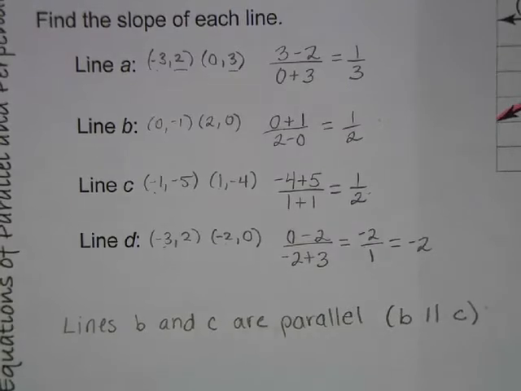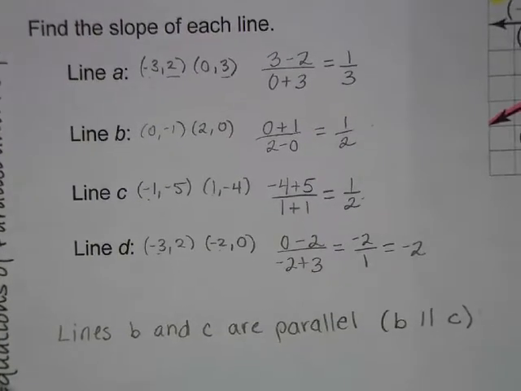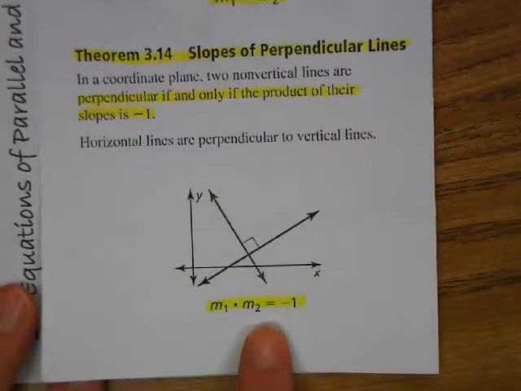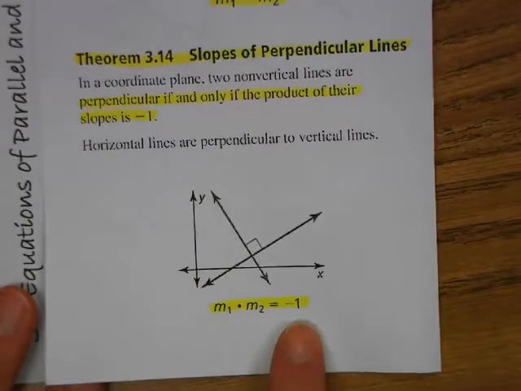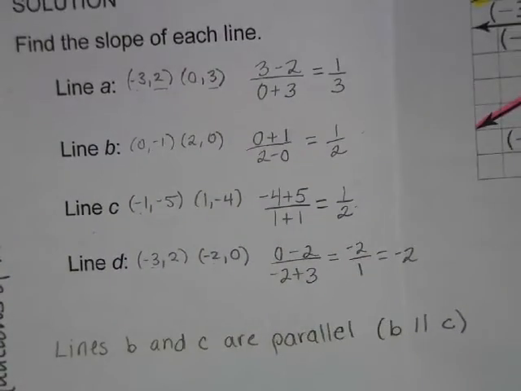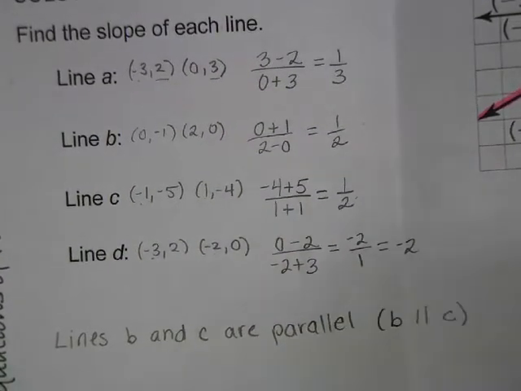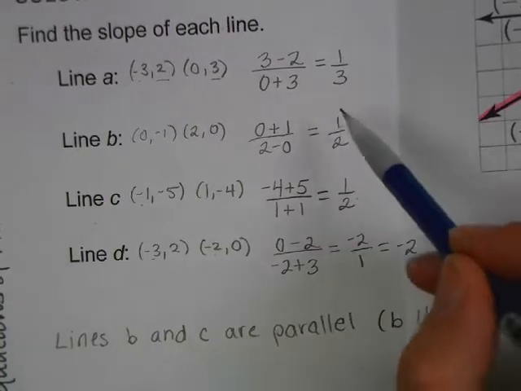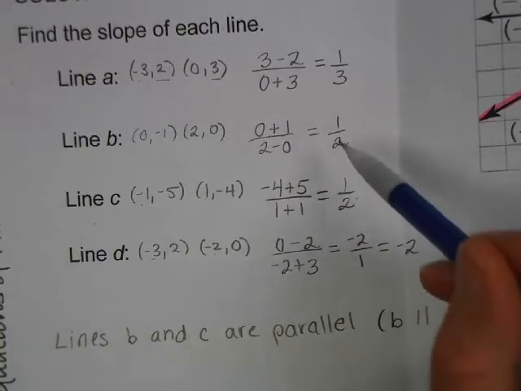Then for perpendicular, those slopes have to be opposite reciprocals, which also means that they multiply to -1. So there are actually 2 pairs of perpendicular lines because 1/2 and -2 are opposite reciprocals.